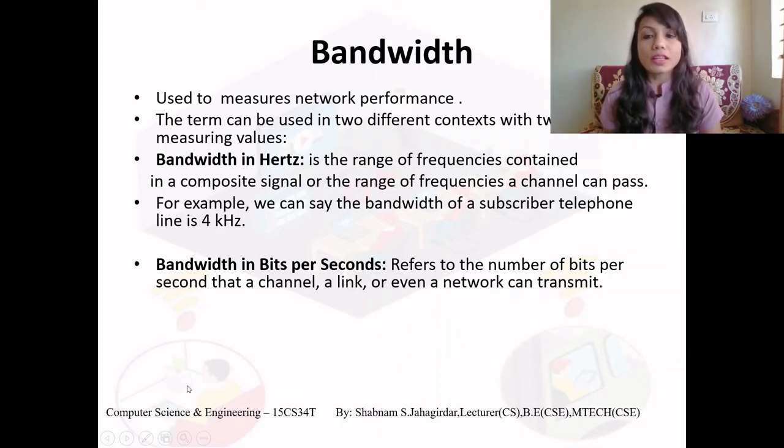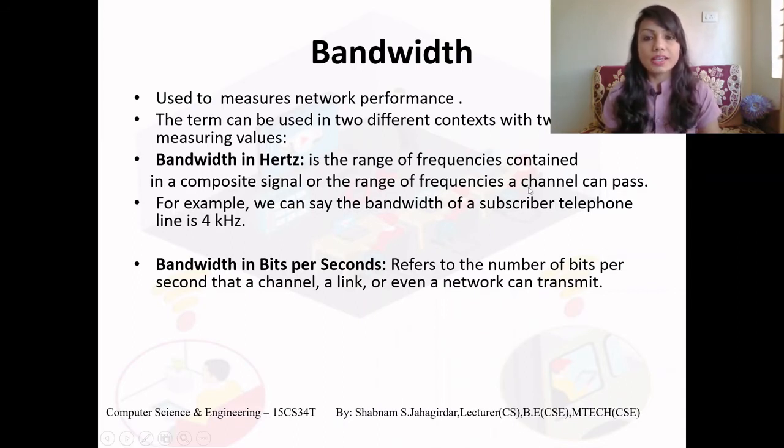So bandwidth in hertz is defined as the range of frequencies contained in a composite signal, or the range of frequencies a channel can pass. A composite signal is nothing but a signal which has many signals in it.